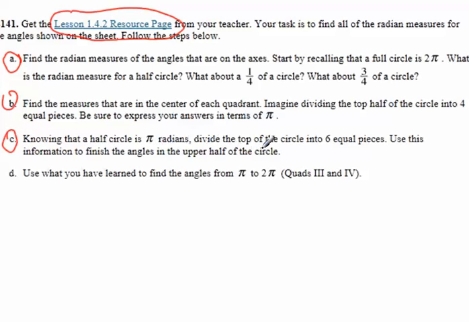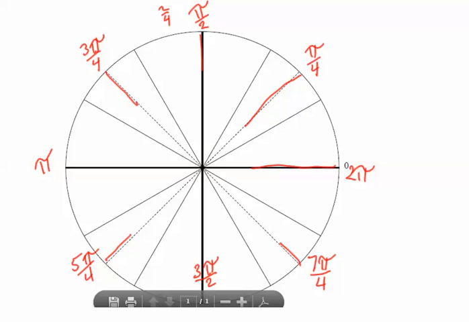Divide the top half of the circle into 6 equal pieces. So we're dealing with fractions that are sixths this time. And we're going to use that information to do the upper part, and then we'll keep going around the circle. Okay, so thinking of sixths. So here's 0/6. Here's 1/6 of the circle, 1/6 pi. Now this is a fourth, it's not a sixth, so we jump to this one.